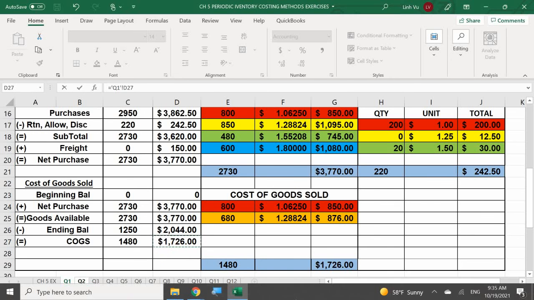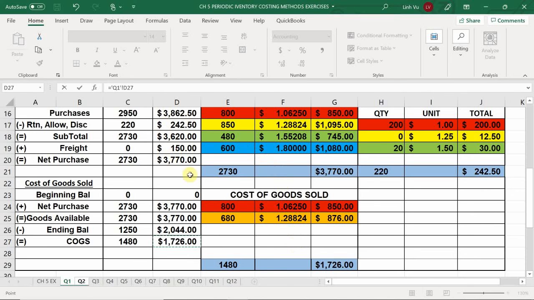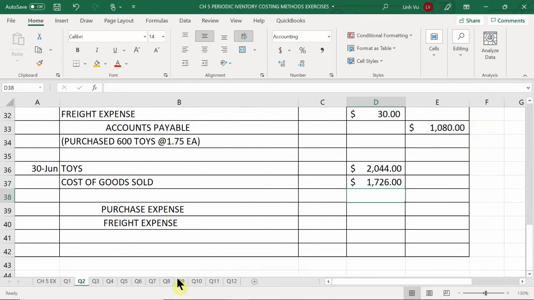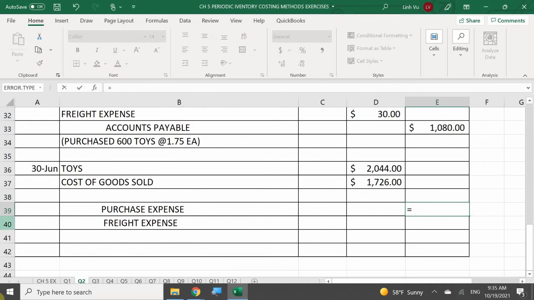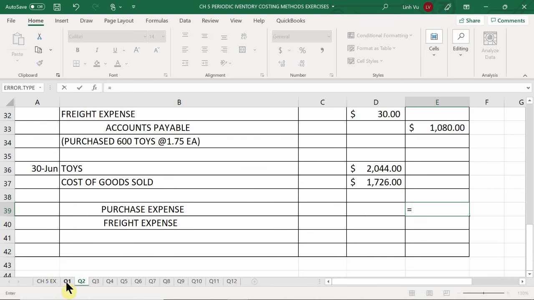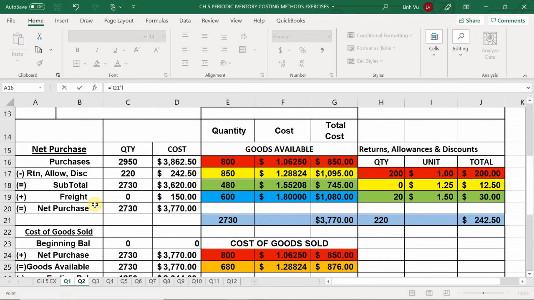Not 37.70, that's your total goods available. It was 1726. Okay, so this is my cost of goods sold right here, right? This is what I solved for. What was my original purchase price?